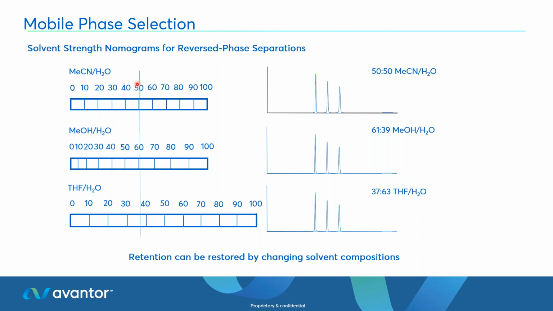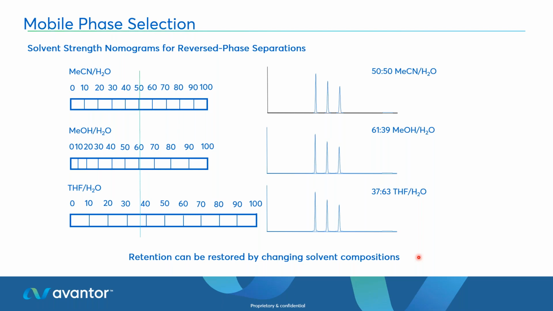So here, if I want the same retention as my acetonitrile method up here, I can choose 61% methanol or 37% THF, and I'll get pretty much the same chromatography, depending on if there are some additional selectivity effects. So if these are all neutral compounds, this is what will happen.